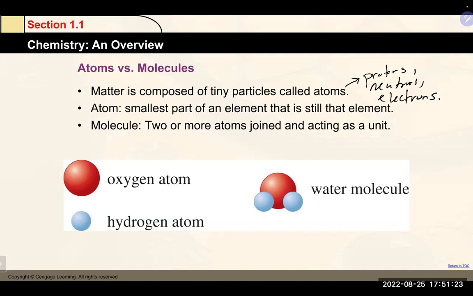Now, sometimes people get a little confused about molecules and compounds. A molecule, as I mentioned, is a combination of a minimum of two or more atoms that come together. A compound is the combination of two or more atoms of different elements.